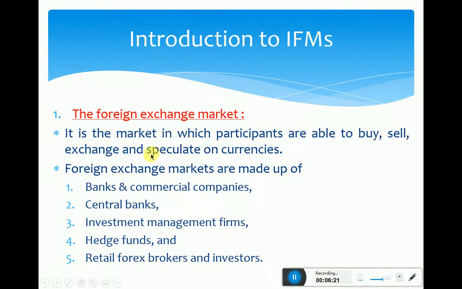When it comes to speculation, it means they have an intention to invest in a foreign currency. They purchase a foreign currency with the intention that it will be held by them for a certain period of time, which will have an overall impact on the exchange rate of that currency, with an intention to earn some profit on that.